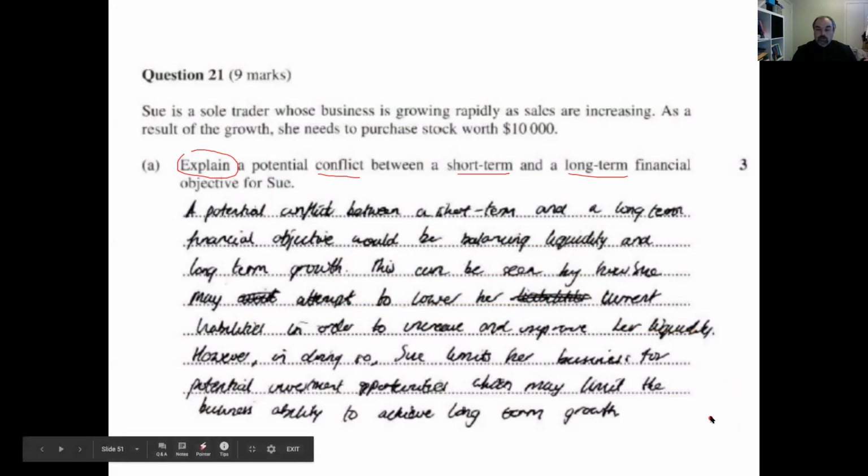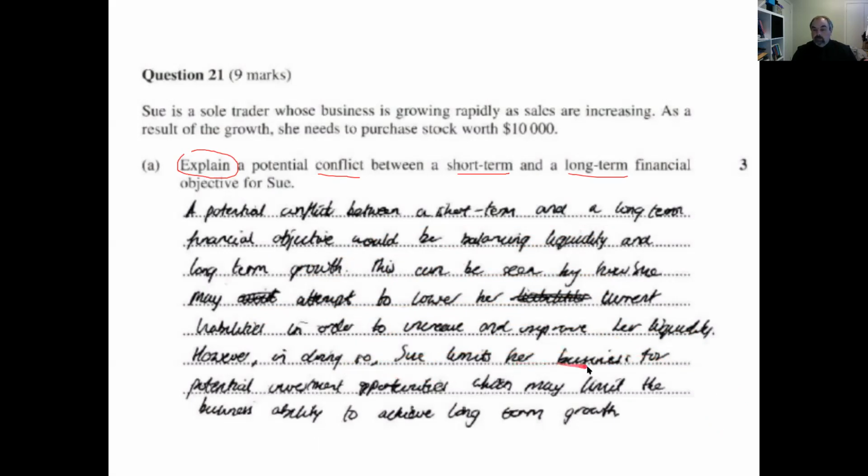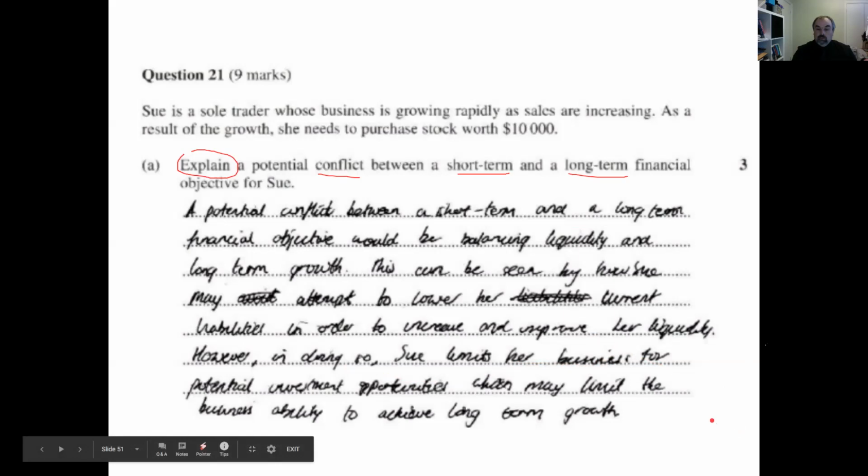However, in doing so, Sue limits her business. So here's the conflict, limits her business for potential investment opportunities, which may limit the business's ability to achieve long-term growth.